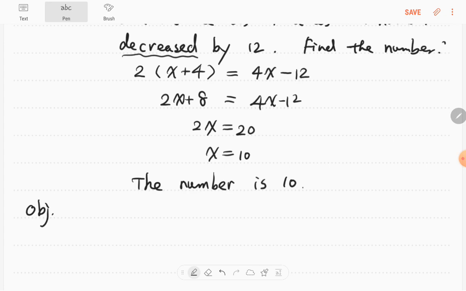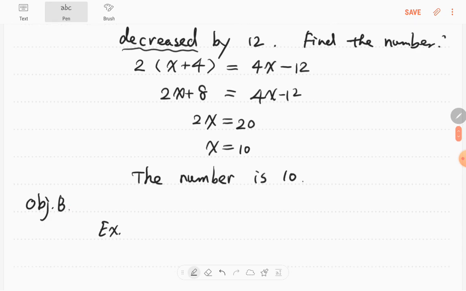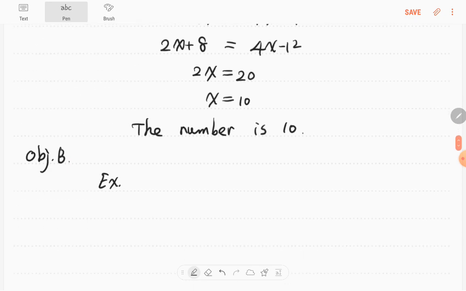So let's check examples. Let's try to see the example. This time we talk about a relationship among unknown quantities. What does that mean? We check the question.